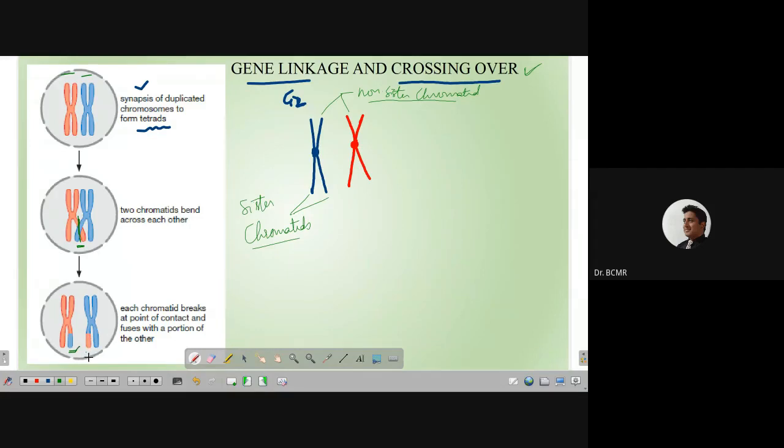Okay, that is how crossing over happens. What happens during crossing over? Exchange of genetic information or the physical parts of the chromosomes happens between non-sister chromatids of homologous chromosomes. That is how it should be said.